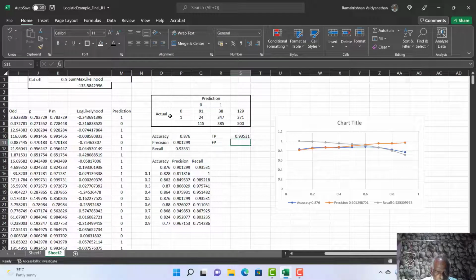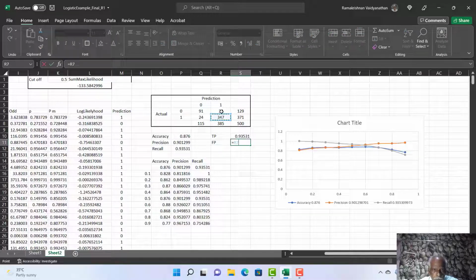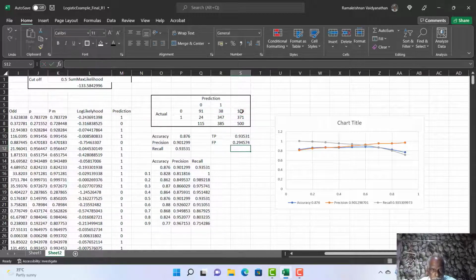False positive is, actual false is 129, but we have predicted them as positive. Therefore, false positive is equal to 38 by 129. This is true positive, false positive.